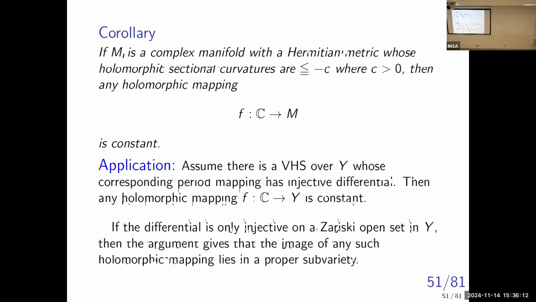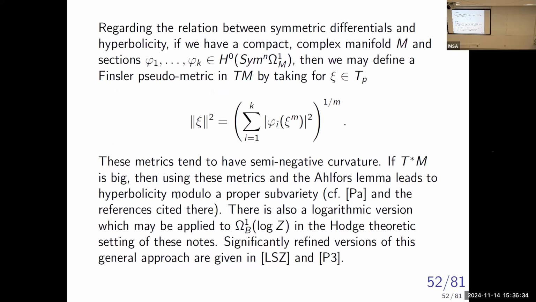That's because the curvature of the tangent bundle, which I mentioned yesterday, has negative holomorphic sectional curvature. If the differential is only injective on a Zariski open set, then the image of such a holomorphic mapping is in a proper subvariety.